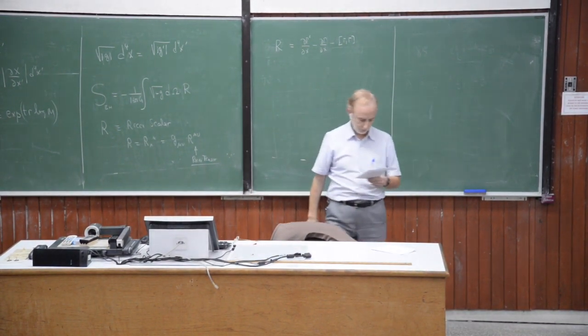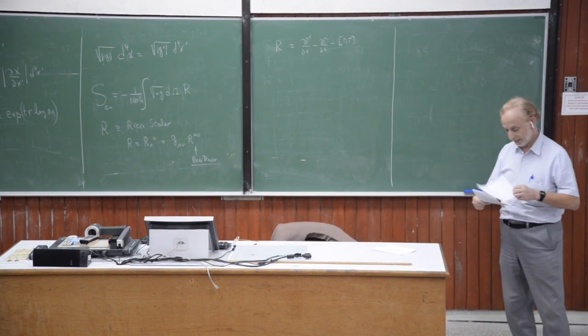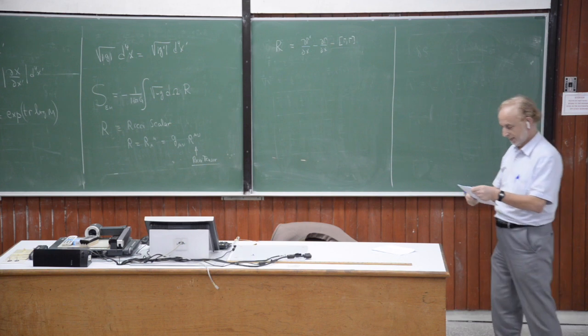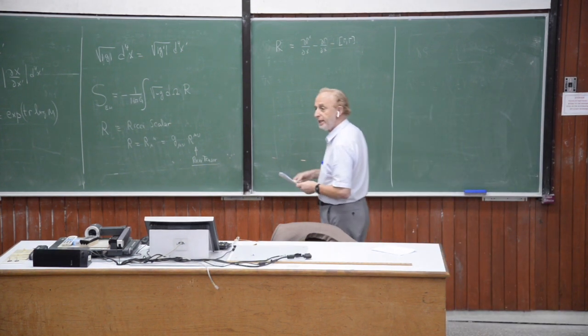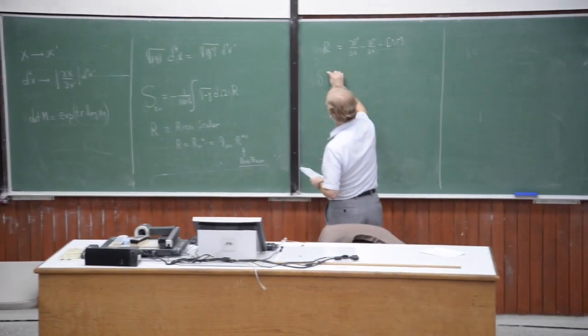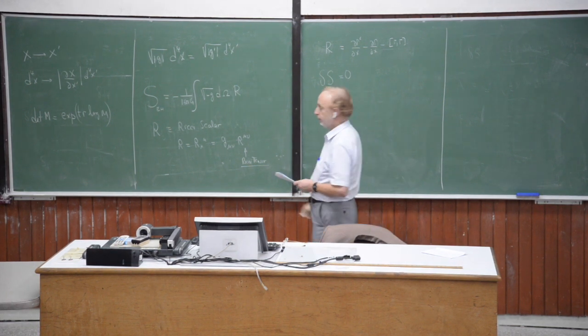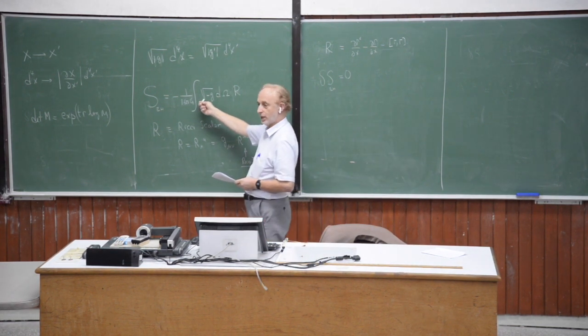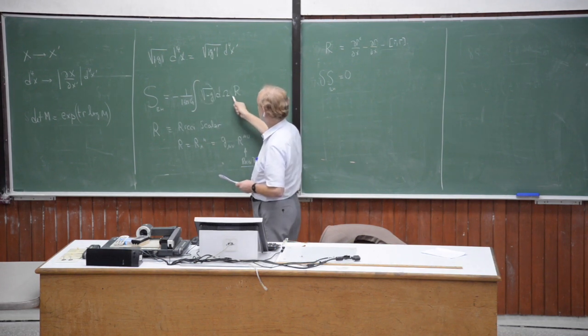Now, when I do my variational stuff, and they say this is 0, I have to take my delta inside. So my delta will act on this and that.